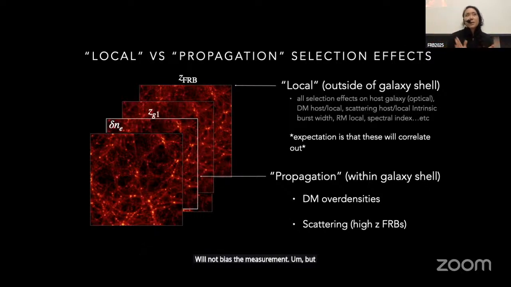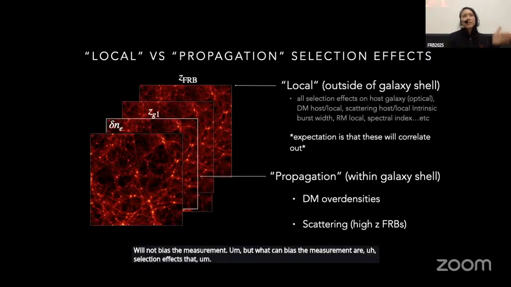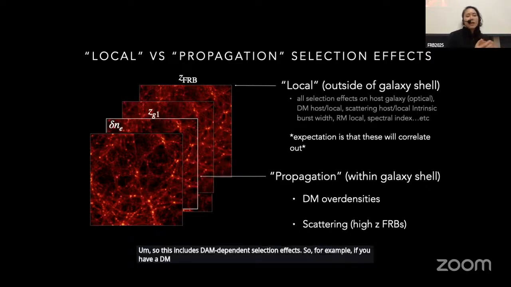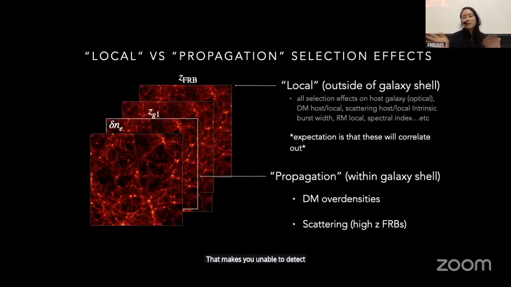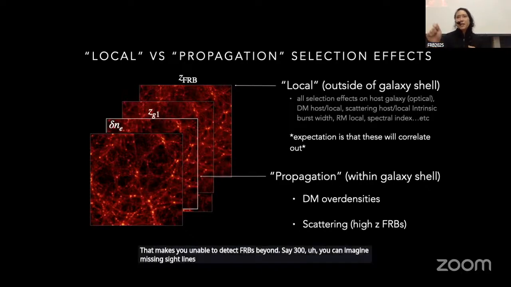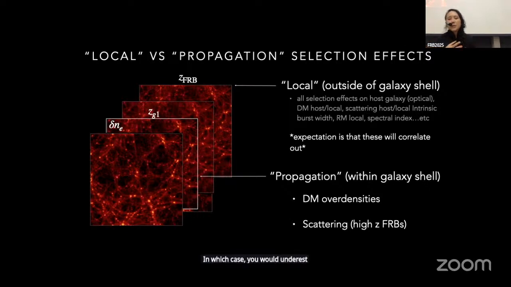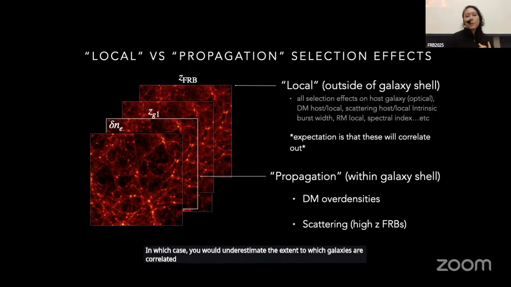But what can bias the measurement are selection effects that arise within the galaxy foreground redshift shell. This includes DM-dependent selection effects. For example, if you have a DM-dependent selection effect that makes you unable to detect FRBs beyond, say, 300, you can imagine missing sightlines that are tracing really large electron over-densities near the galaxies you're cross-correlating with, in which case you would underestimate the extent to which galaxies are correlated with electrons.